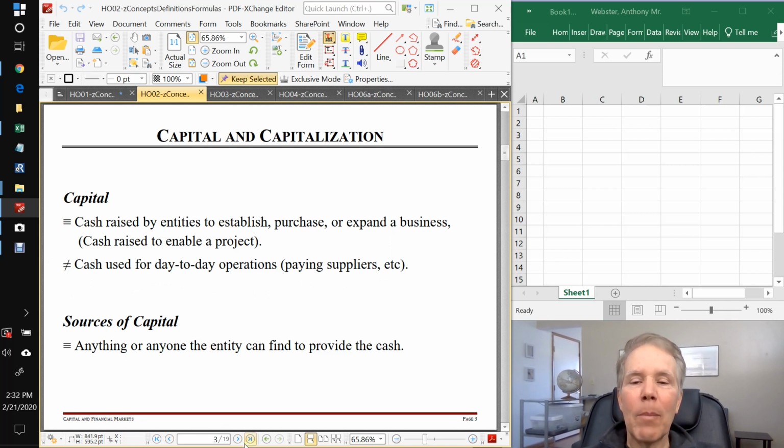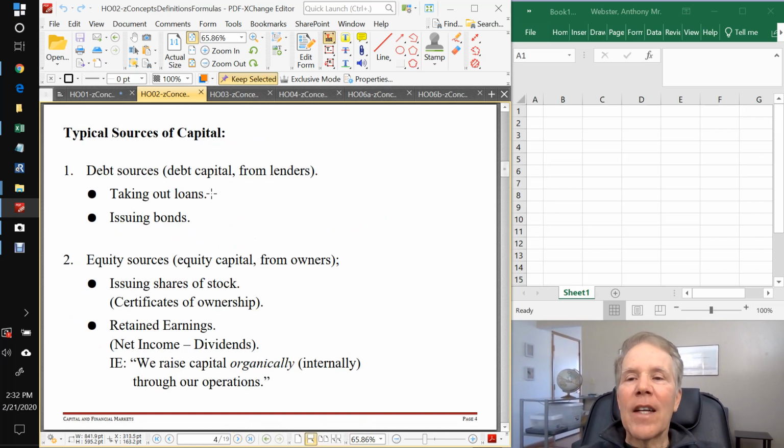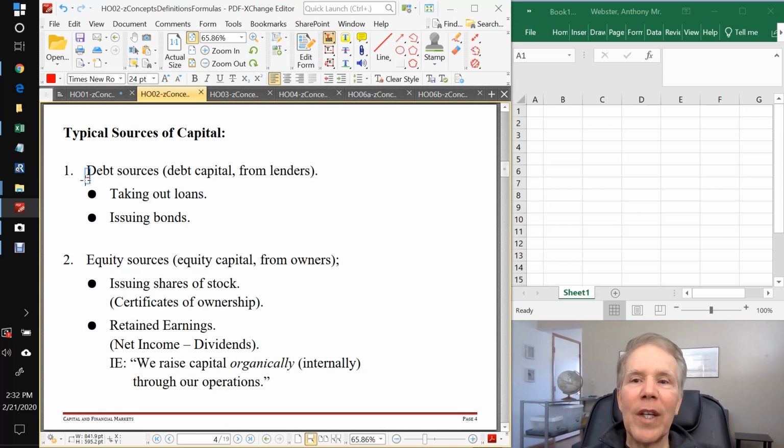And source of capital is just anywhere or anyone you can go to get cash for your big projects. And so there are 2 types of capital sources, okay? And we will return to these all semester. We've returned to these virtually in every chapter, right?